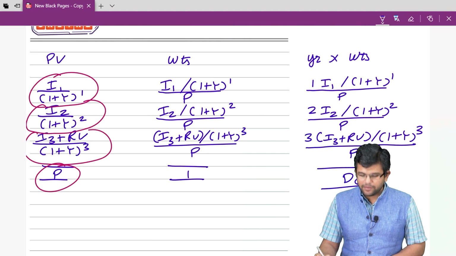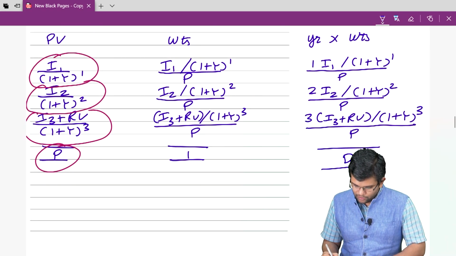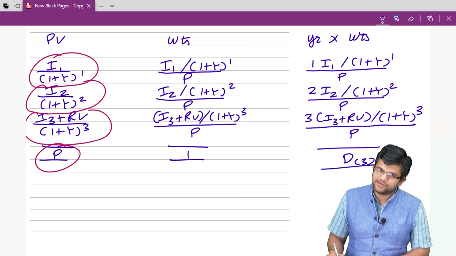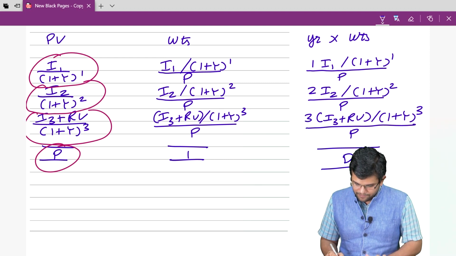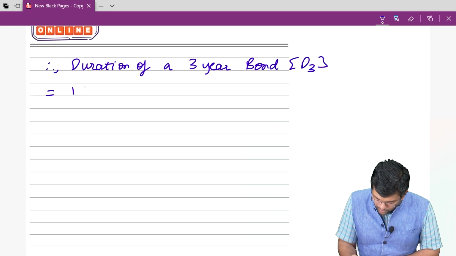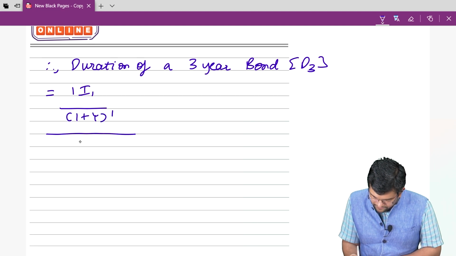So the first term is 1I1 divided by (1 plus Y) raised to 1, the whole divided by P. So I'll write down here 1I1, the whole divided by (1 plus Y) raised to 1, the whole divided by P.